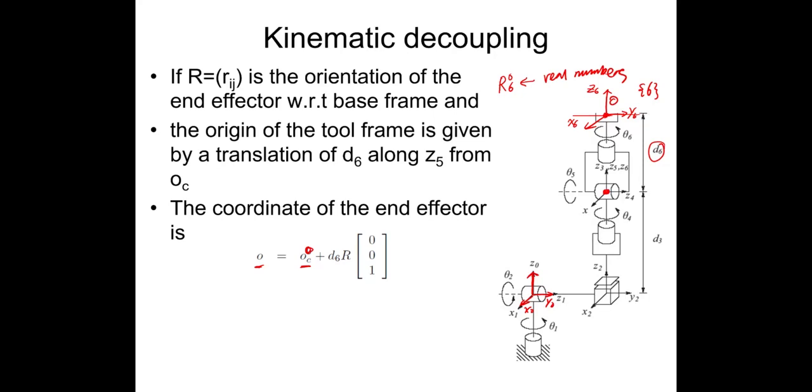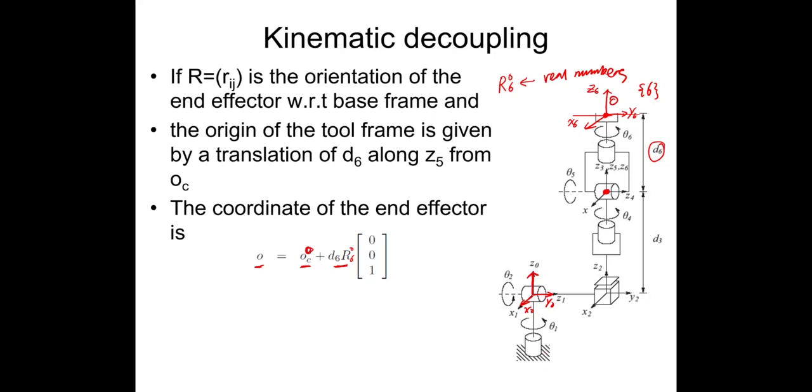And this translational motion can be calculated by the orientation, which is R60, meaning this translational motion vector multiplied by the orientation matrix with regard to the ground, which is the base.